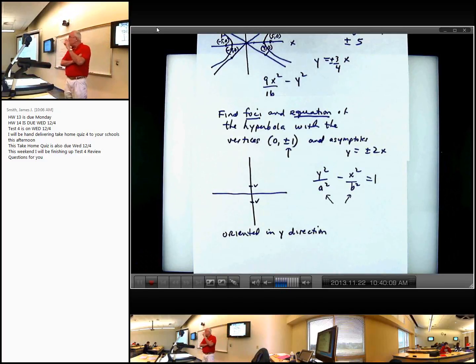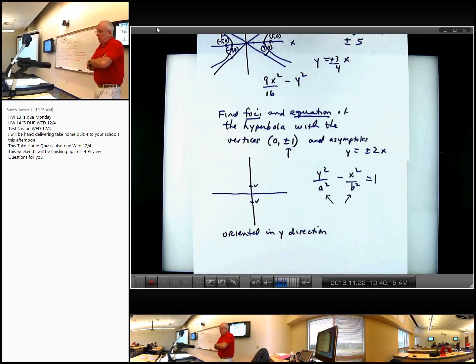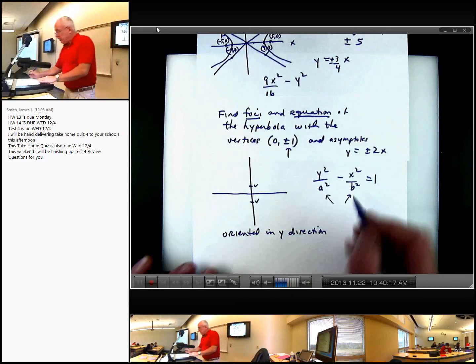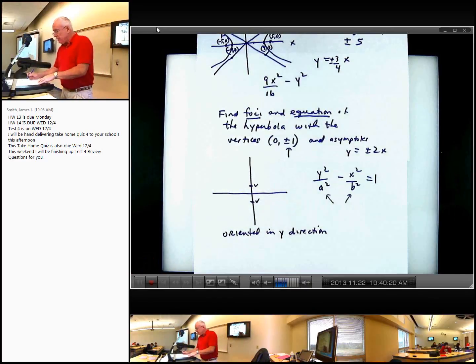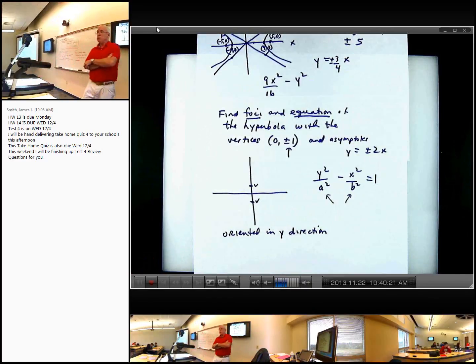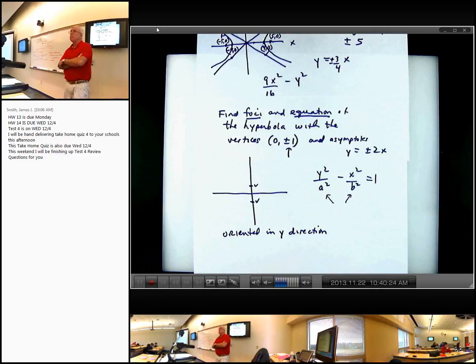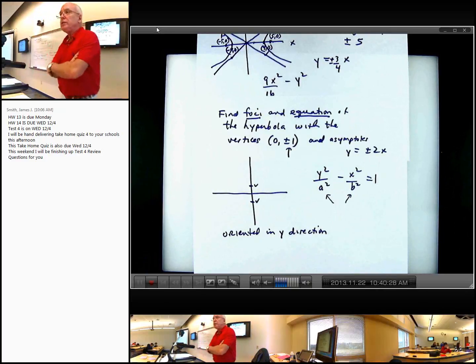In this case, it's a y-intercept because it's along the y-axis. So would that tell me a value for b squared, or could that tell me a value for a squared? Okay. The vertices are going to be under that leading term, all right?